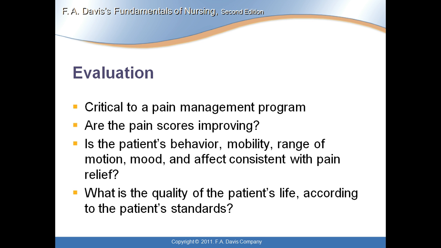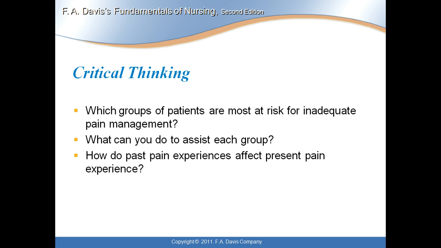So again, ask them what their pain is on a scale of 1 to 10. Ask them where they would like to be. I've had patients that would like to be at a 7, and that's good enough for them. And that still allows them to be in a good mood, still allows them to walk, range of motion. They're still able to function because sometimes that's the range that they live in.